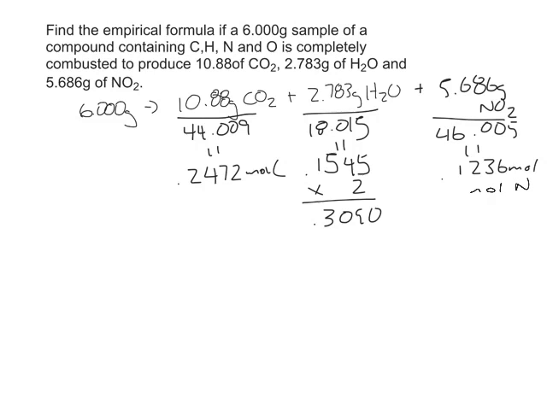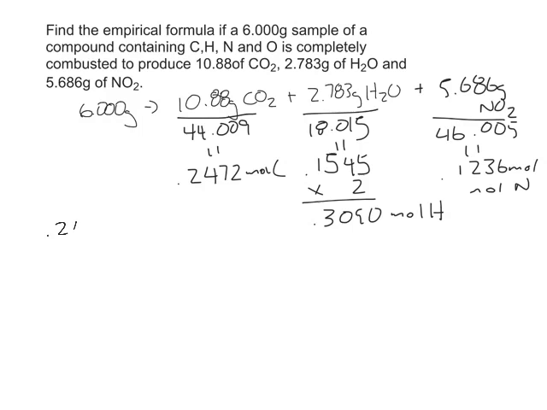Again, like before, on the last problem, I have everything except for one. I have my moles of carbon, I have my moles of hydrogen, and I have my moles of nitrogen. And so, like before, I'm going to take these moles, turn them back into the masses of their elements, and figure out how much of this 6 grams comes from carbon, hydrogen, and nitrogen, and the rest is going to be coming from oxygen.